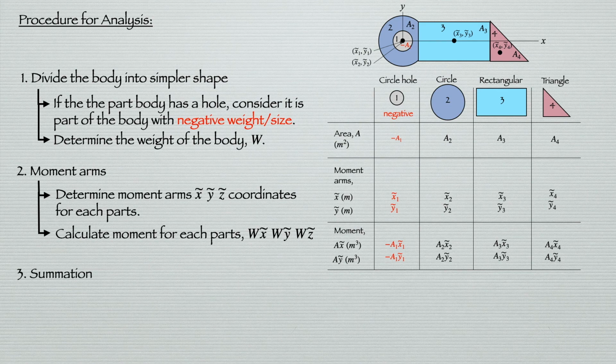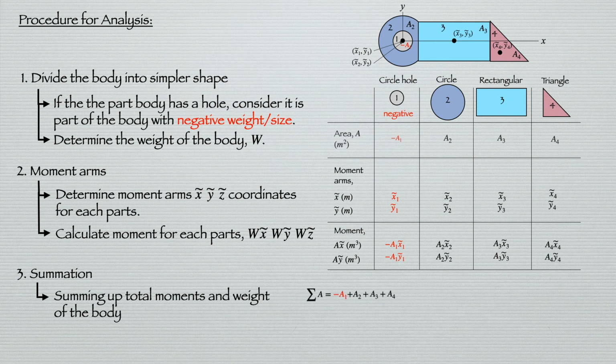Next, for the third step, the summation. First, we need to sum up the total moment and the weight of the body, in this case the total area A. First, we calculate the total area: minus A1 plus A2 plus A3 plus A4. This is the total area.